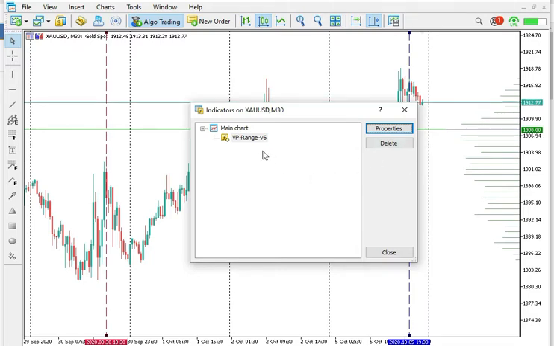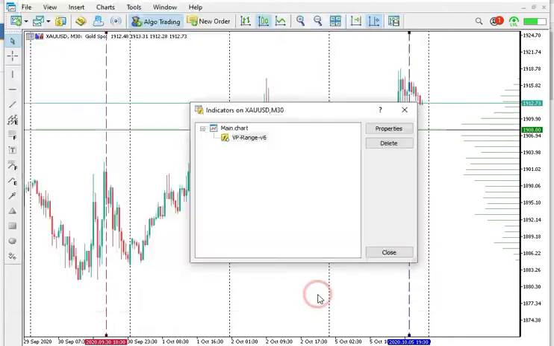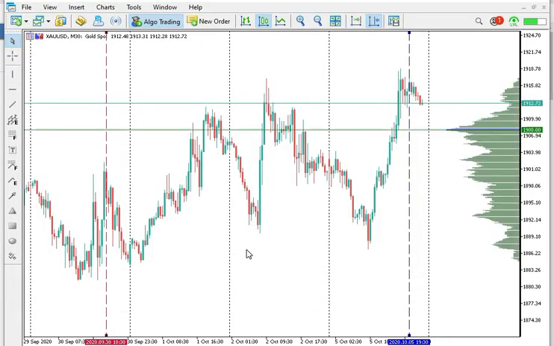The number is rounded off. So that's what it's doing, rounding off the points. That's the good part about it.